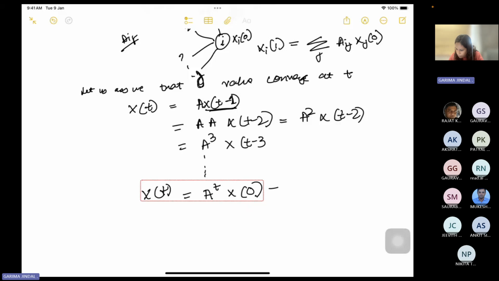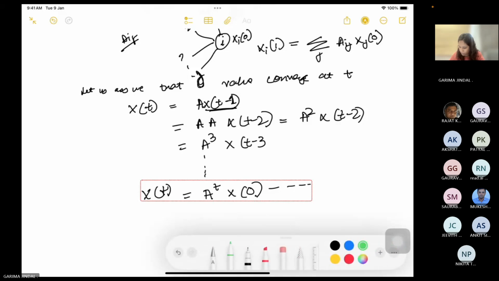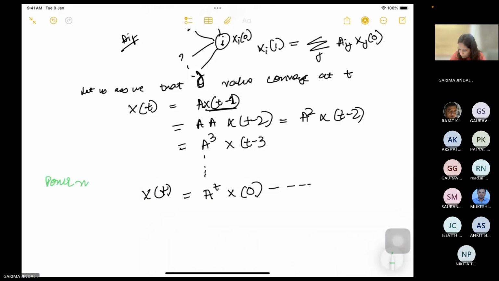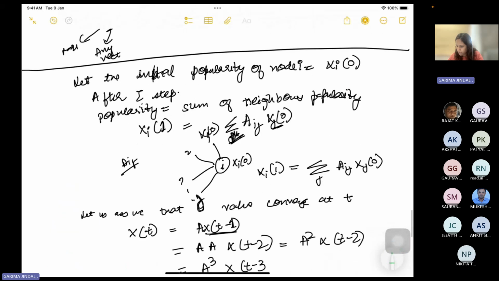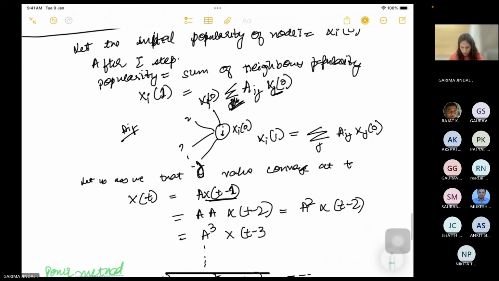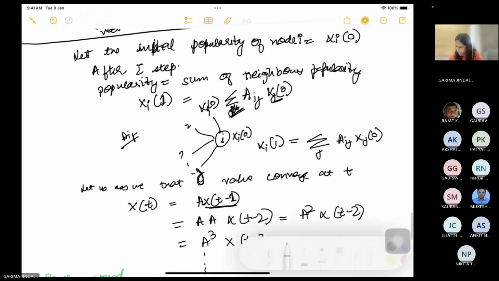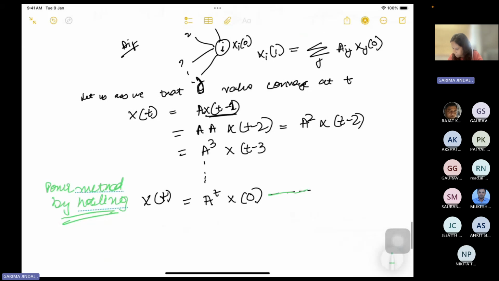This particular formula is called the power method. Let me assume this was equation 1 and this is equation 2.